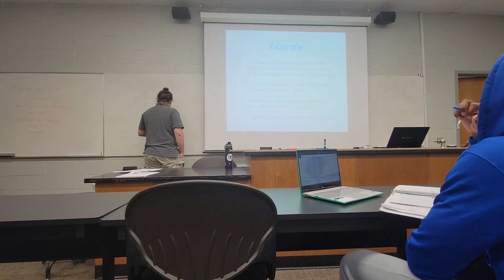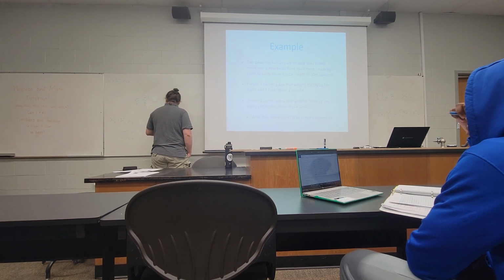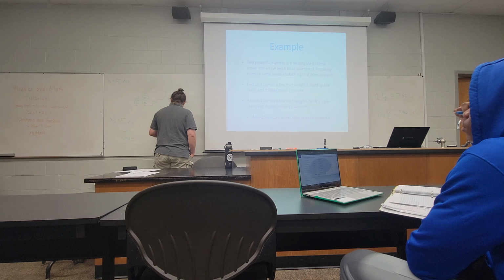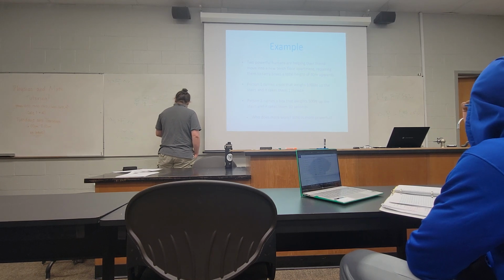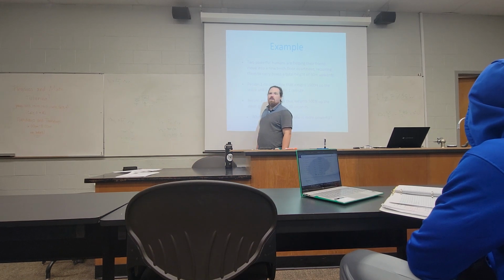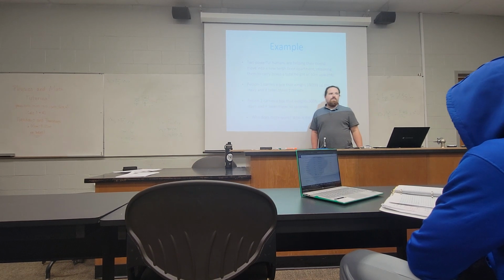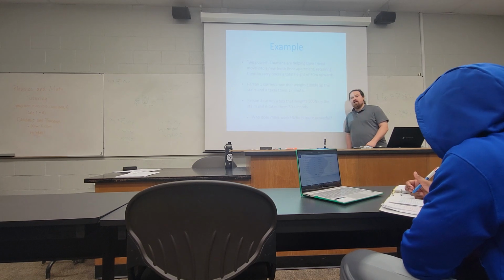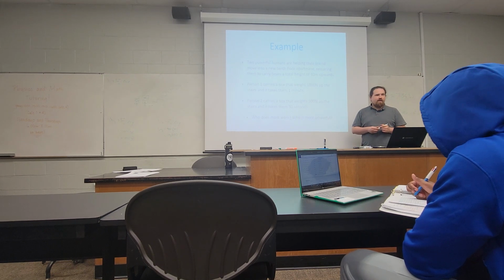Person two is going to carry a lighter box the same distance. They're using half as much force for the same distance, so they're only going to have half of the work done. So 500 times 30 is 15,000 instead of 30,000.